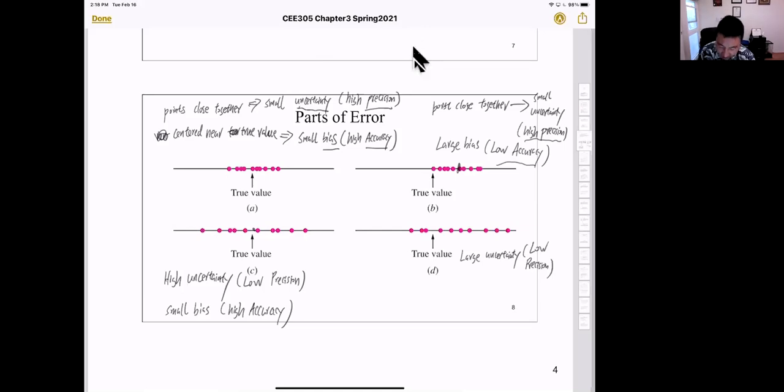Again, the bias is judged by the difference between the true value and the measured one. The average of these 10 measurements is around here, so the difference between the true value and the average value is big. So in case D, we see it has a large bias. We can also call that low accuracy.